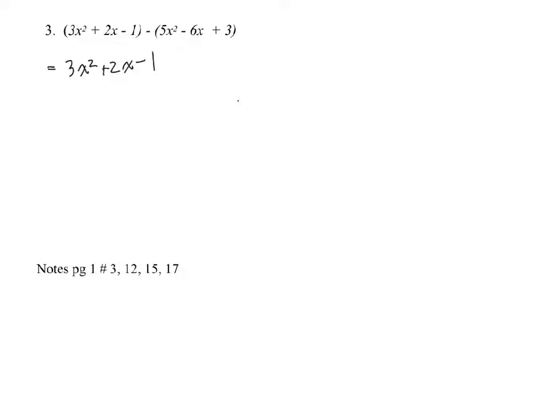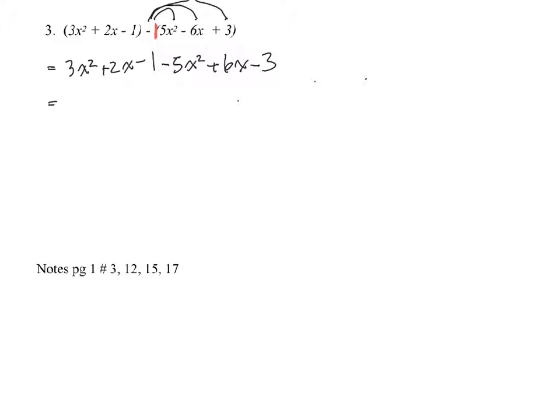But now for the second bracket, we have a minus in front of it, and we're going to imagine there's a 1 sitting in front of that bracket. So it's minus 1 times 5x squared, which is negative 5x squared. Minus 1 times negative 6x is plus 6x. Minus 1 times positive 3 is minus 3.